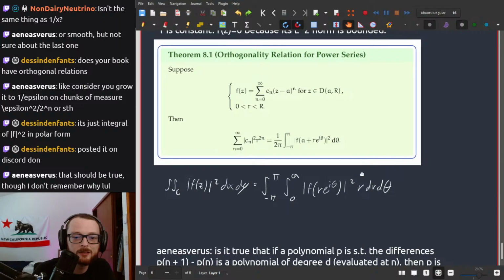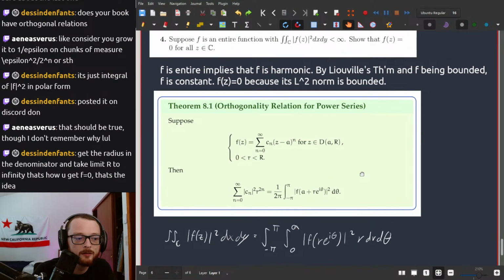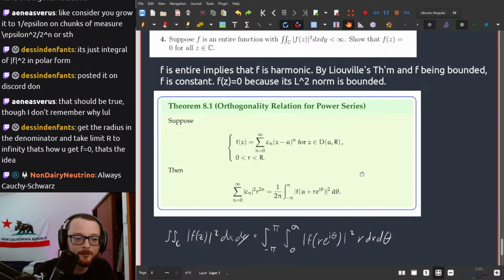But wait, do we Cauchy-Schwarz? I have a feeling we Cauchy-Schwarz. Get the radius in the denominator, take the limit R to infinity. Always Cauchy-Schwarz.